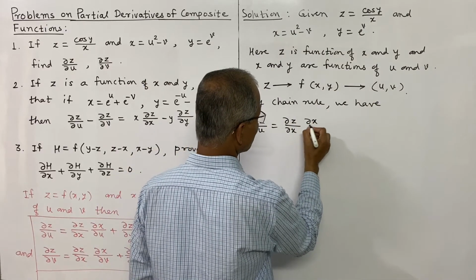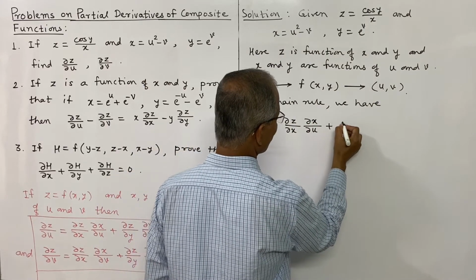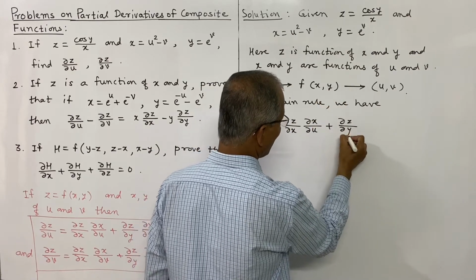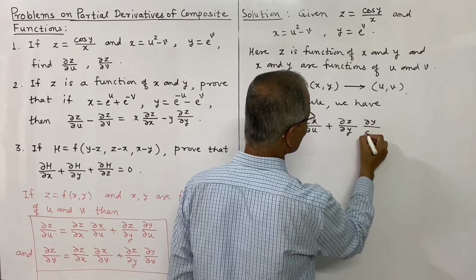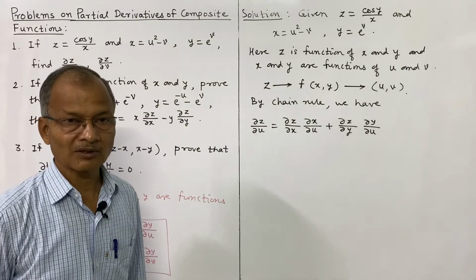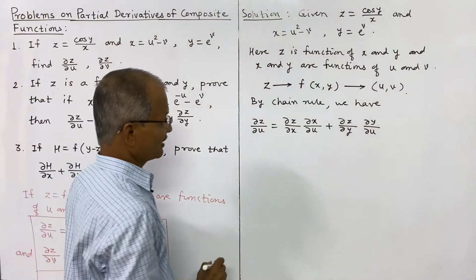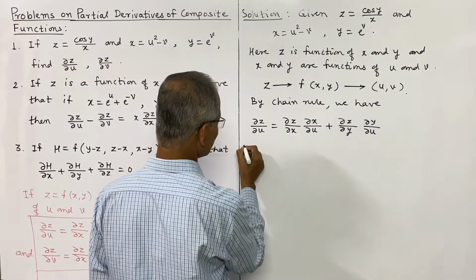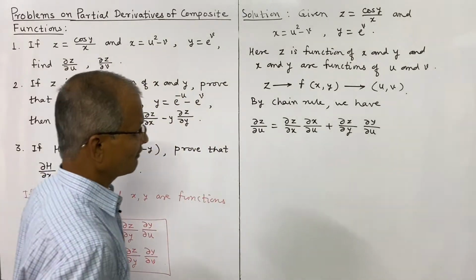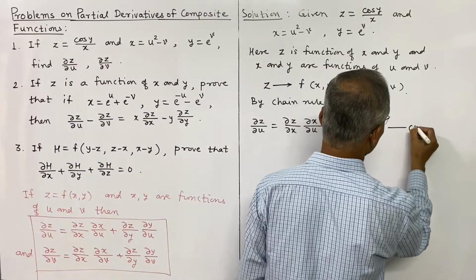So partial derivative of x with respect to u, plus the next part, partial derivative of z with respect to the second variable y, and partial derivative of y with respect to u. This u is fixed. We are differentiating first partially with respect to u, and so we shall write both the rules, and then we will find out the values.